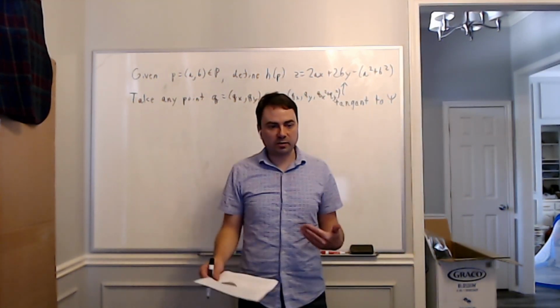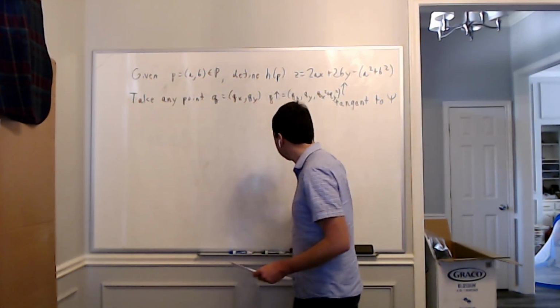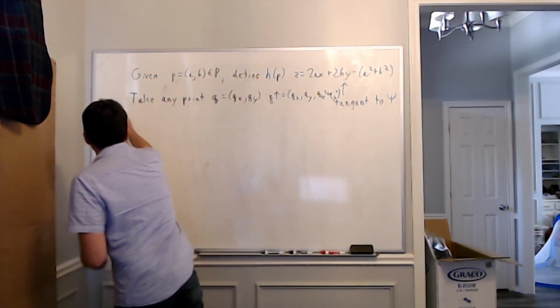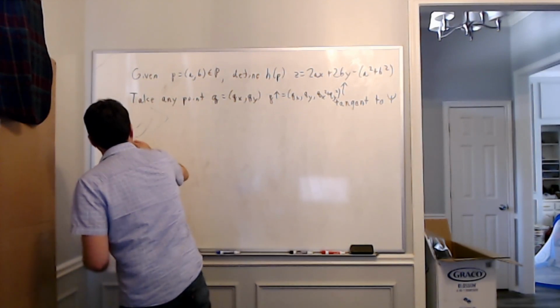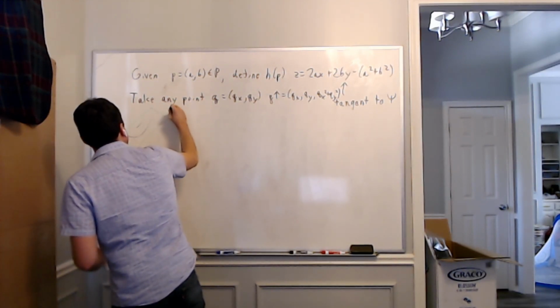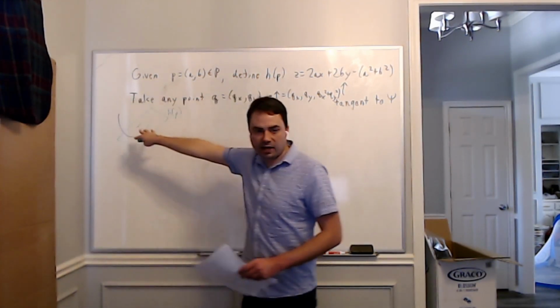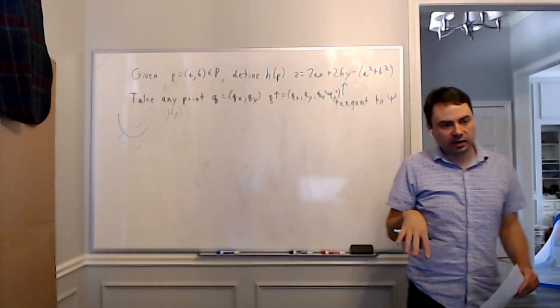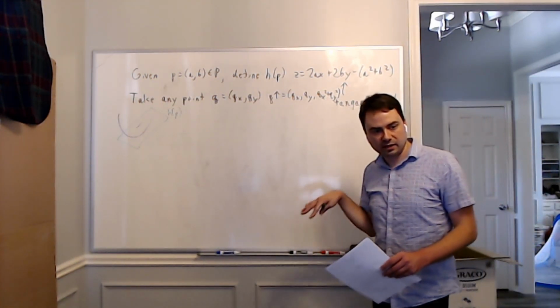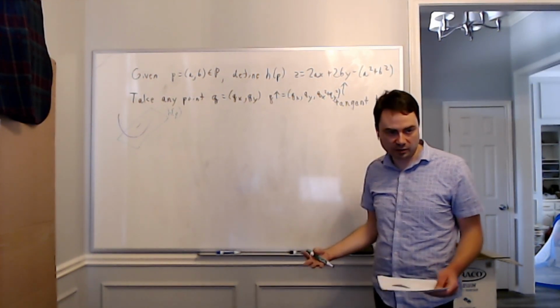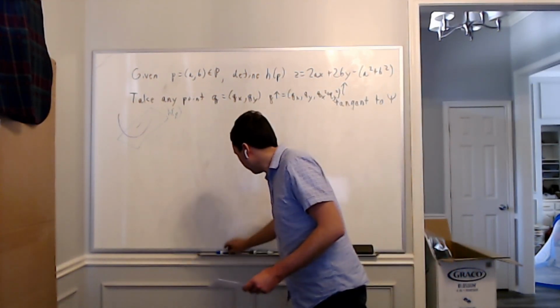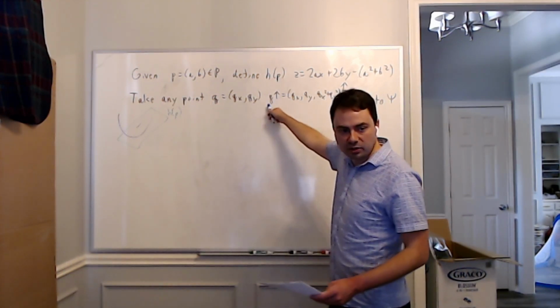The hyperplane H of P lies tangent to psi, and so it lies below every single point on that paraboloid psi. In particular, it has to lie below Q up.